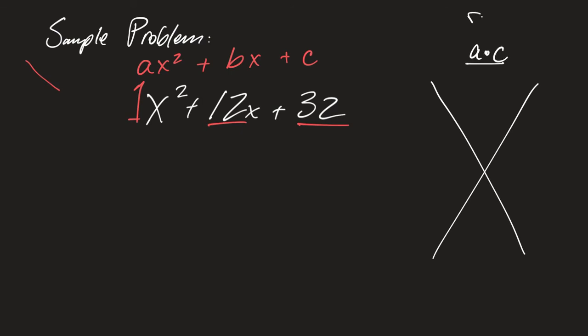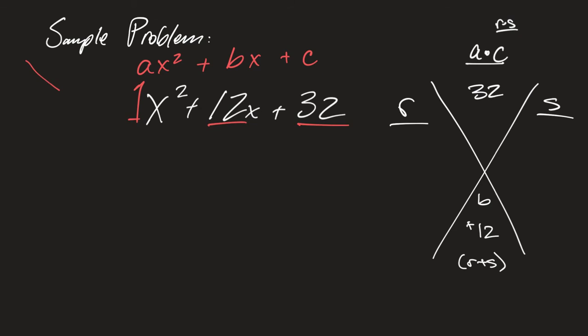For us, c is r times s, and a equals 1, so the number here is going to be 32. In the bottom, I'm looking for b, which is positive 12. Remember, this is r plus s. So r and s are my factors.